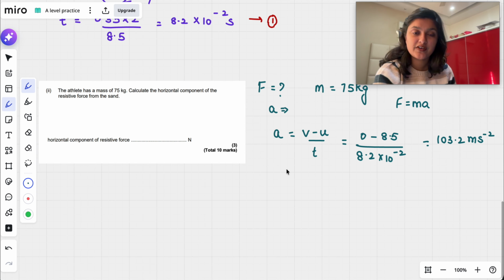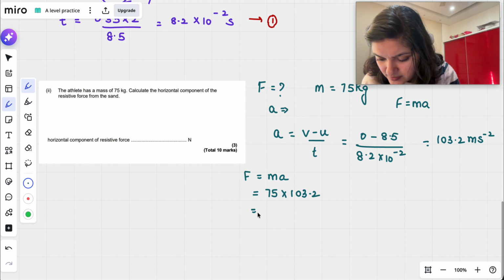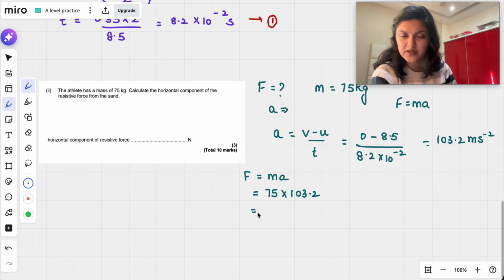But the question is not over yet. You still have to find force. So force is equal to mass times acceleration. Mass is 75. Acceleration is 103.2. Let me put that in a calculator. Okay, so after rounding up, I'm getting 7700 newtons.